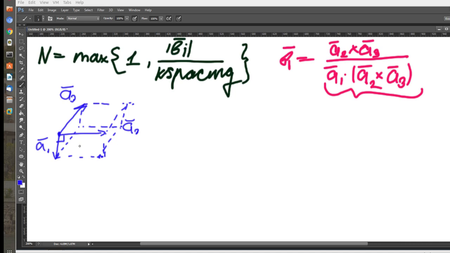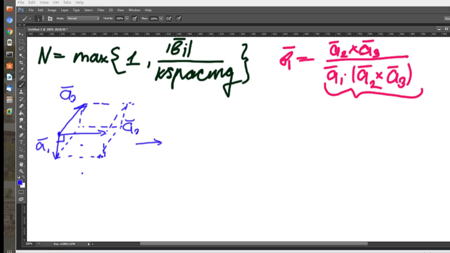And the distance between these 2 points is equal to that a1 vector. So let's start to transform it into a unit cell, but in reciprocal space.